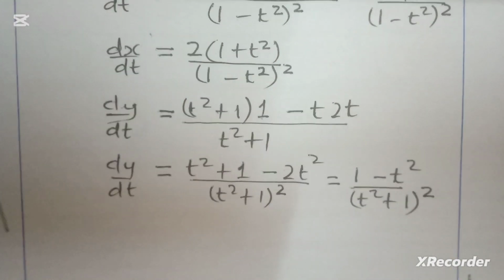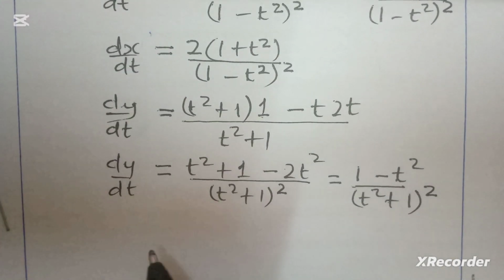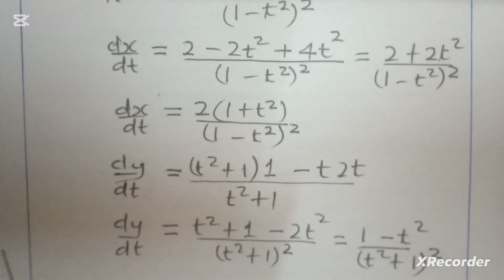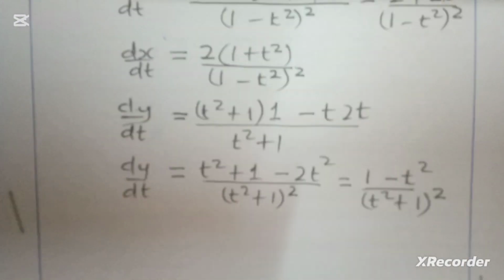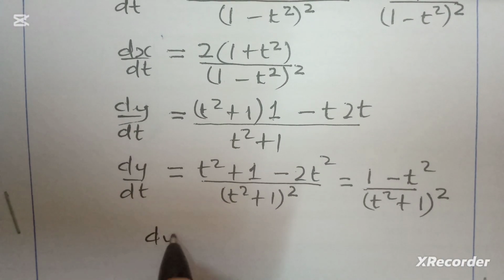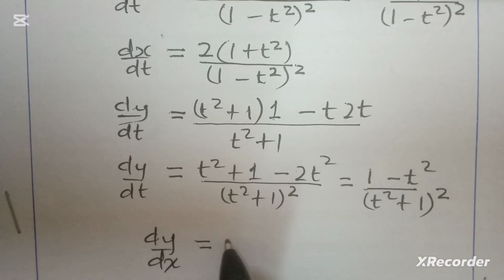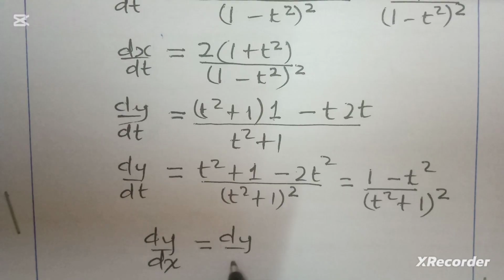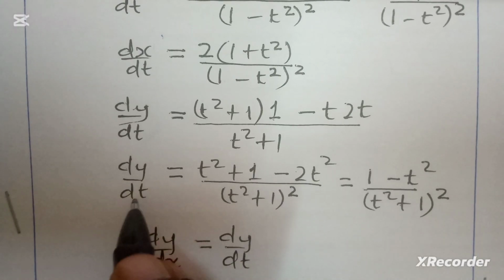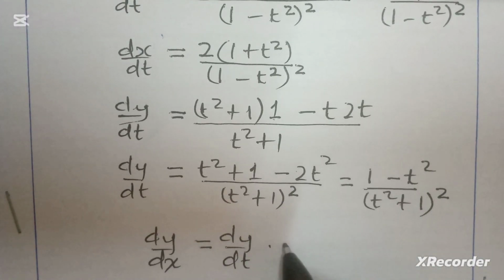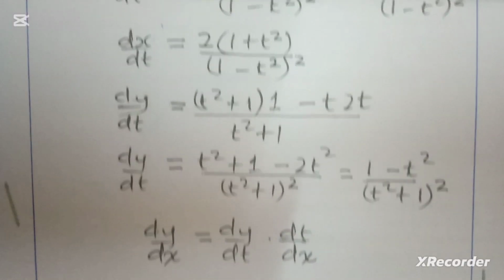Now guys, we are supposed to divide because we want to find dy dx. So dy dx is given by dy dt, which is this, and then we have dt all over dx, like that.